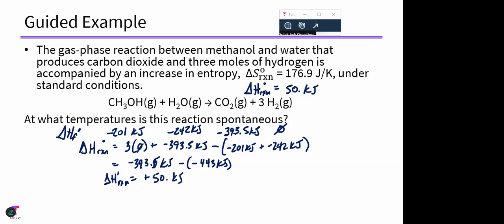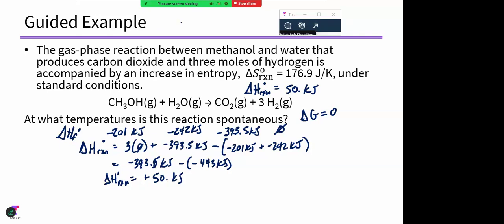We need to figure out at what temperature it flips from being positive to negative. Because we know that negative is where things are spontaneous and positive is where things are non-spontaneous. What value lies between positive and negative? 0. So the trick to this is we need to set delta G equal to 0 and solve from there.